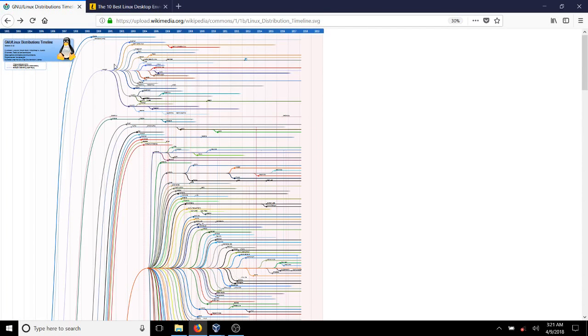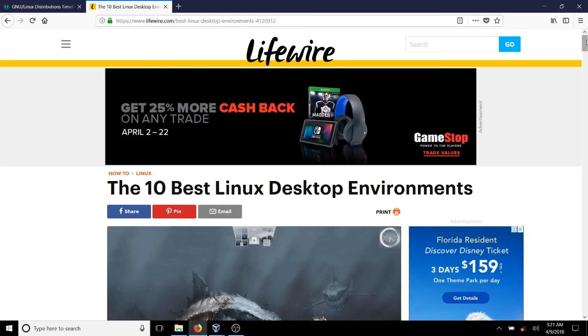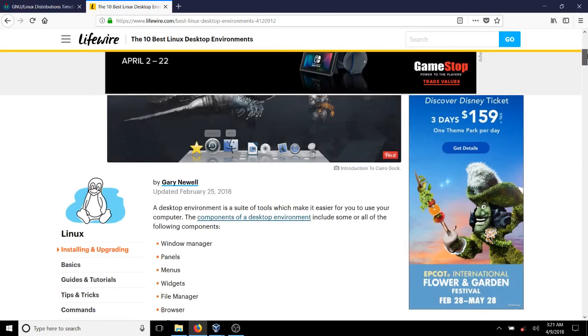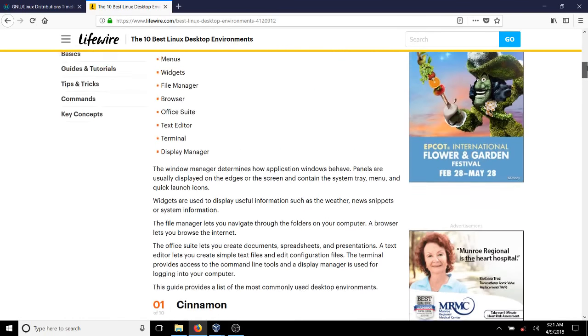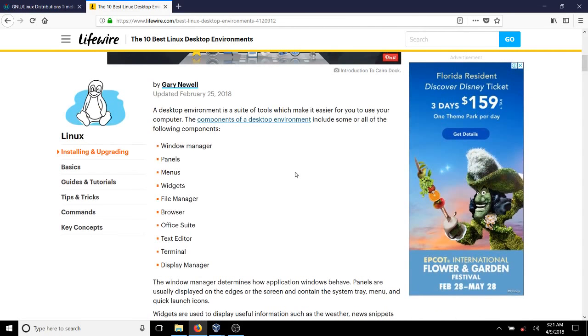One of the other important things that it's hard to understand sometimes when moving from Windows to Linux is that even if you are using the same Linux distribution, you can be using different desktop environments. And so desktop environments are really the look and feel of your Linux computer.